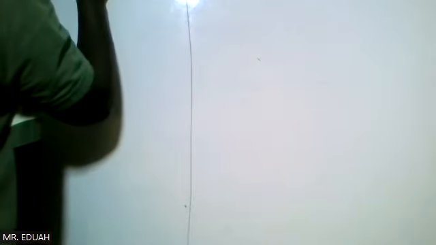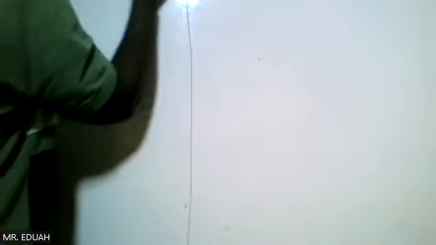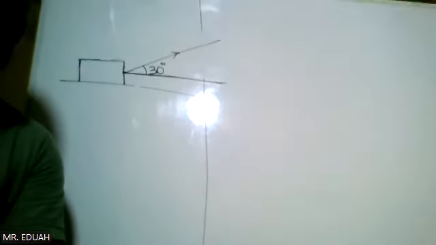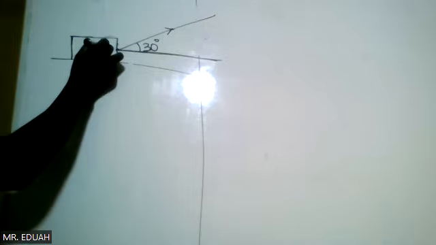And the angle the string makes with the ground is 30 degrees. So the string makes an angle of 30 degrees. This is the mass of 8 kg.